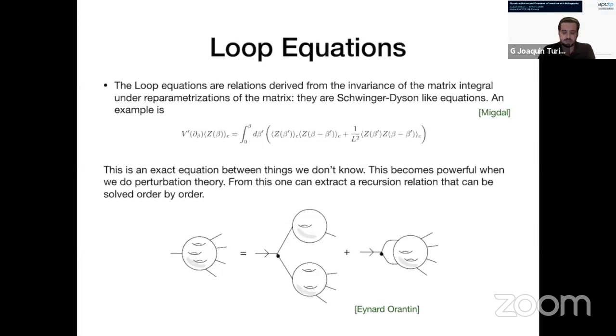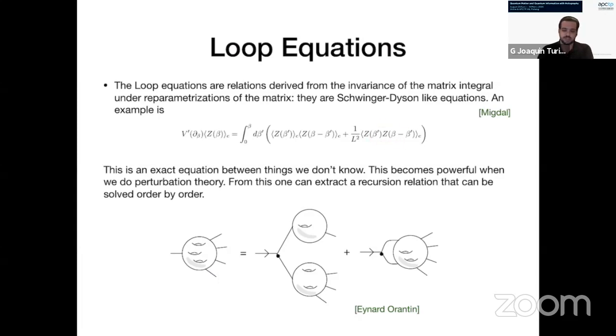What I just want to say is that there is something called the loop equations. These are Schwinger-Dyson equations of the matrix integral, in the sense that they arise from the invariance under reparameterizations of the matrix. I think it started with Migdal in the 80s, and then it was improved over the years. This is an example which relates the partition function with the two partition functions.